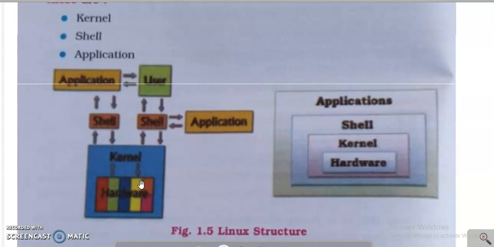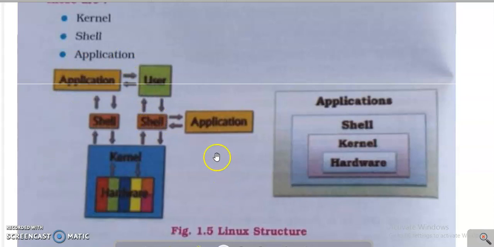And then shell is a command prompt where we give a command for a hardware to work, and we give a command to a system, and then it forwards those commands and makes the hardware work accordingly. And simultaneously, we have some applications which also get the command from a shell prompt and make the hardware work accordingly. So these are application users, give the command.